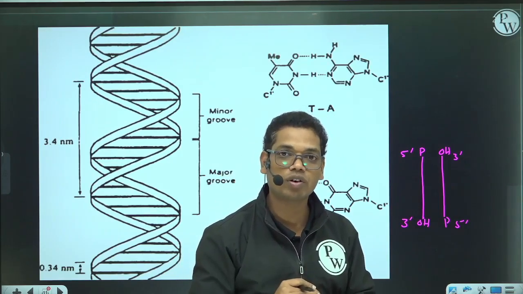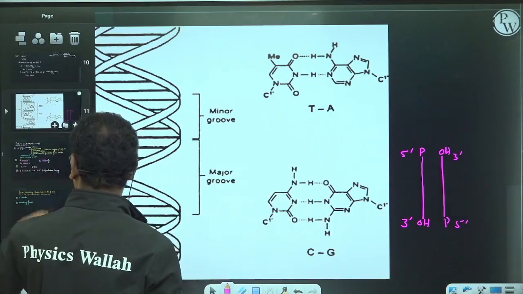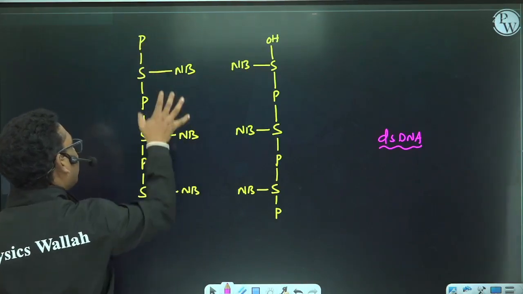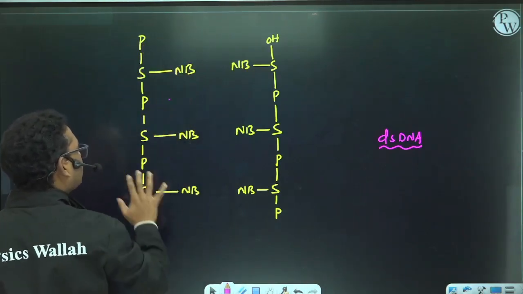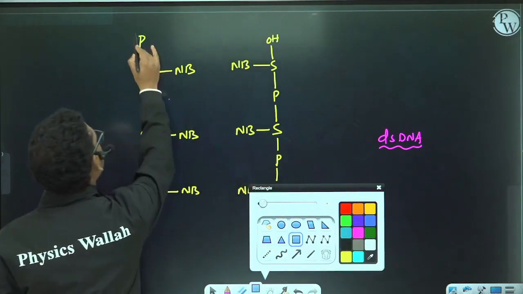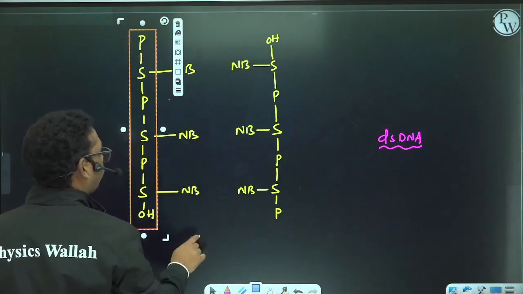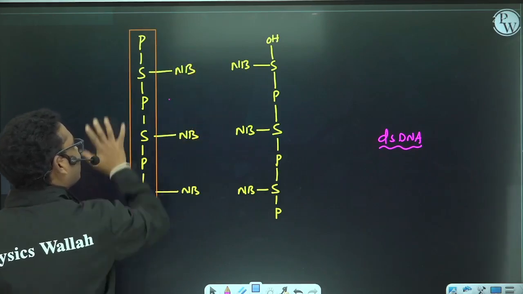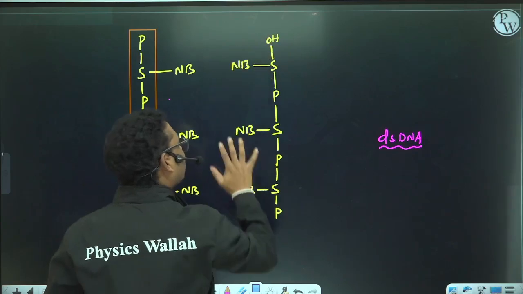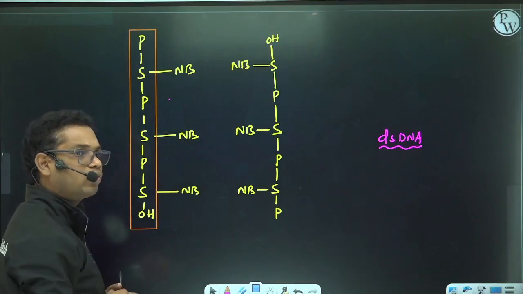Here you can clearly see that this is a nucleotide chain, that means this is the single-stranded DNA, and this one is also single-stranded DNA.